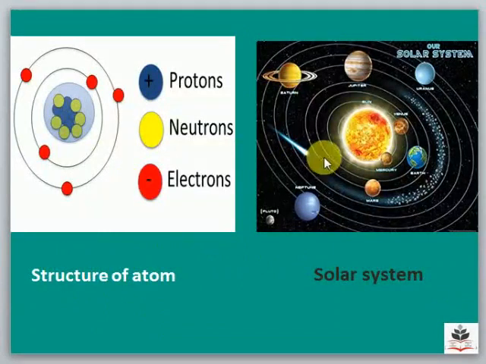You can see here the planets are moving around the sun. So he proposed the same model for atom, that atom consists of a central portion called nucleus which contains protons and neutrons, while the negative charge electrons are moving around the nucleus with very high speed.